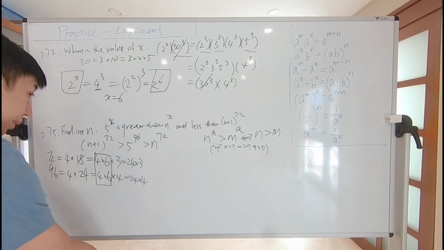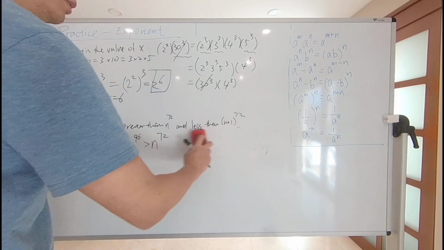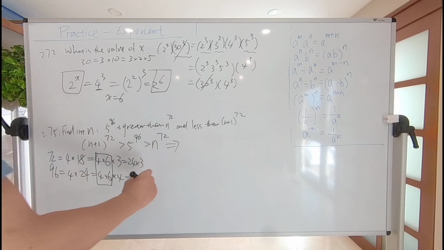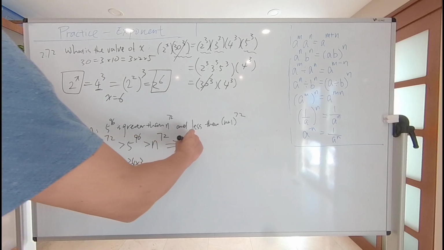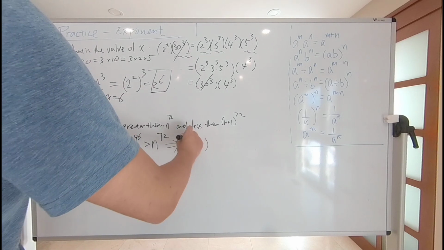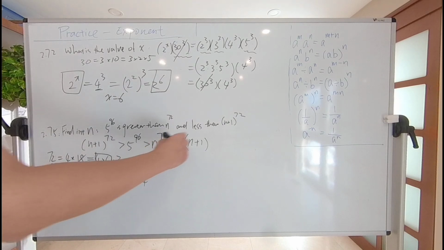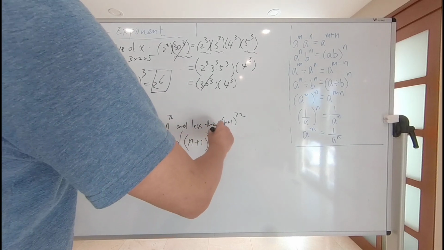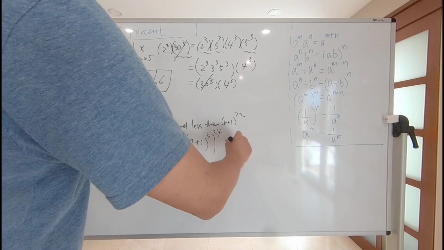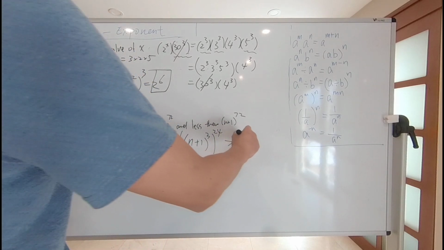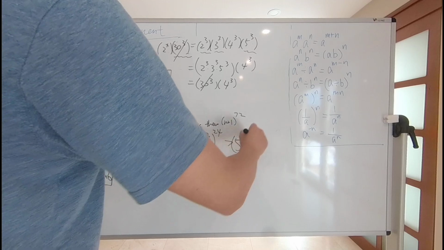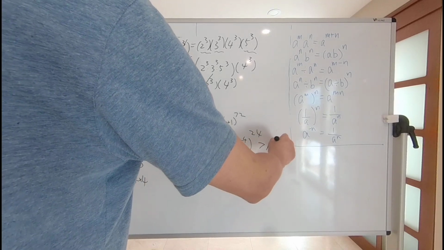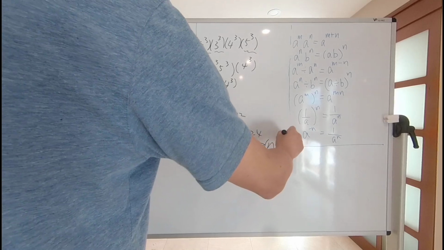Now, from this inequality, we can rewrite 72 into 24 times 3, and 96 is 4 times 24. Again, 72 is 3 times 24.